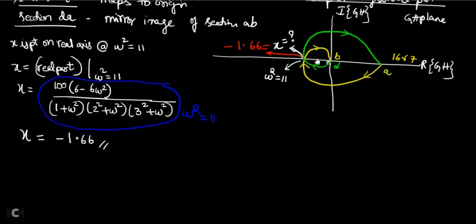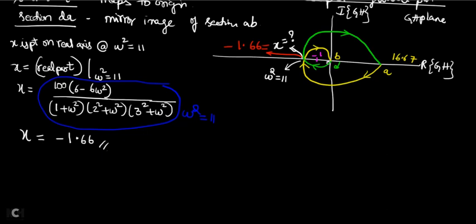To find where minus 1 is, I found this intersection point. After knowing this intersection point as minus 1.66, only then can I find where minus 1 is. So this is my minus 1.